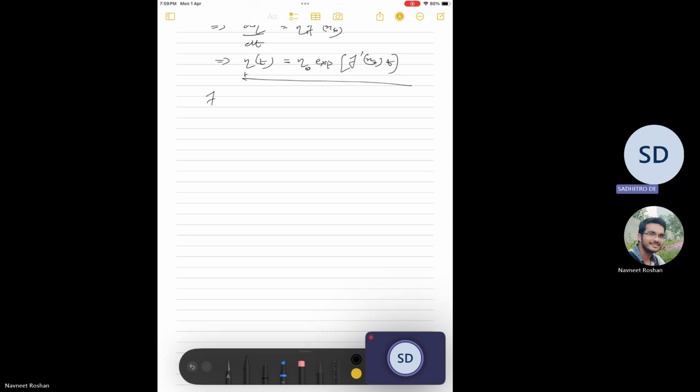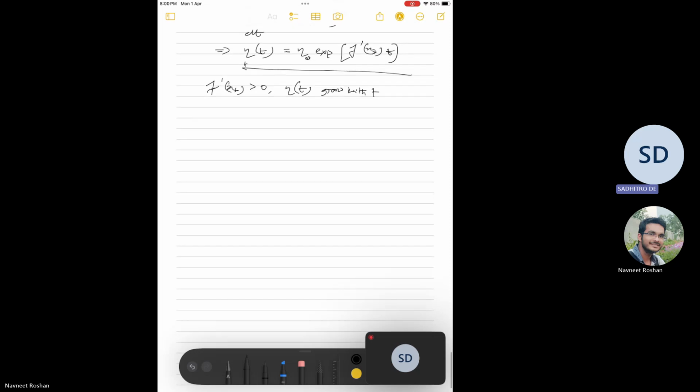So what happens if f dash of x star is greater than 0, then eta t will grow with t, right? This is because this represents an exponential growth. On the other hand, if f dash x star is less than 0, then eta t will decay with respect to time, right?